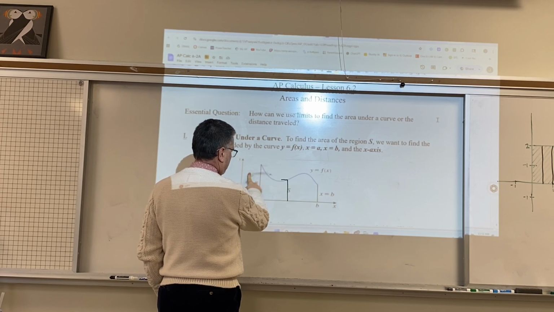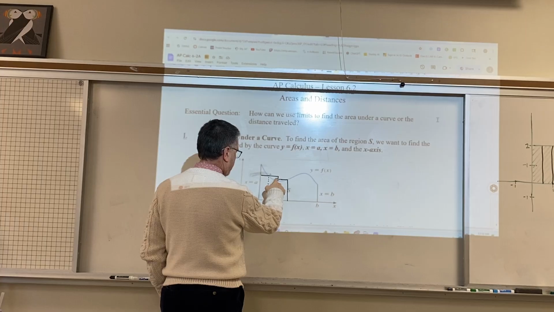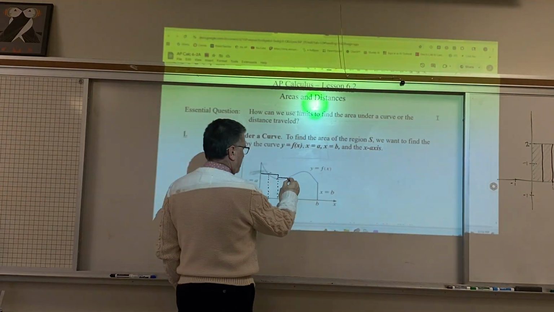Try to make it the same base. Well, there's 3.